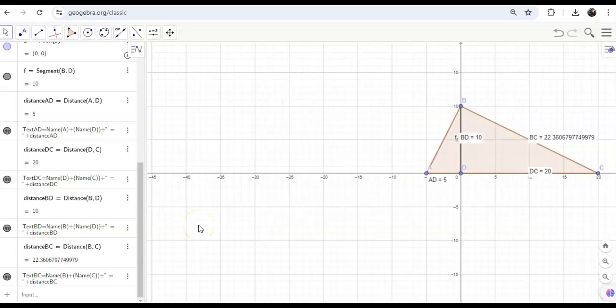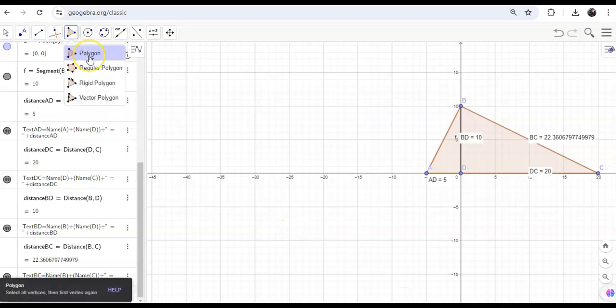Now we're going to recreate these two right triangles here. And then we're going to transfer it into the original acute triangle to prove that these two small right triangles are indeed equal to the acute triangle.